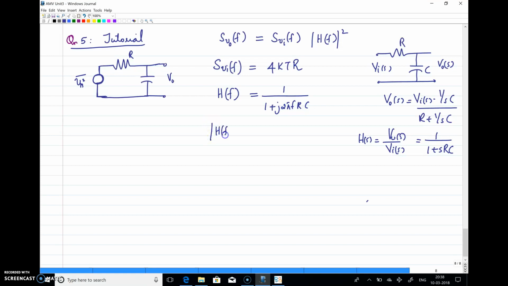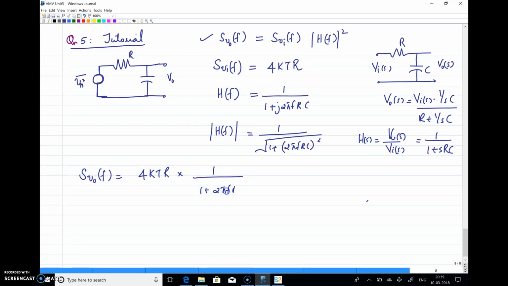What is the magnitude of this H of F? The magnitude is 1 by the square root of 1 plus 2 pi F R C the whole squared. Now what we need is the square. So SVo of F equals SVi of F, which is 4kT R, multiplied by the magnitude of H squared, which is 1 by 1 plus 2 pi F R C the whole squared.